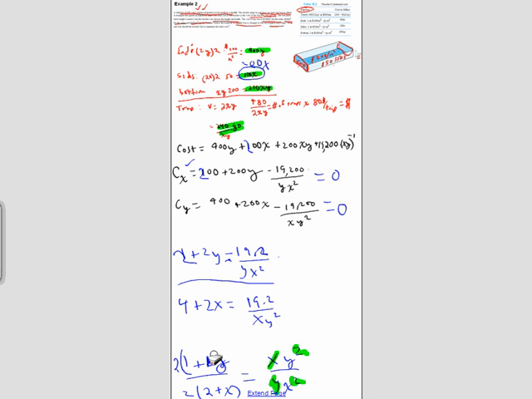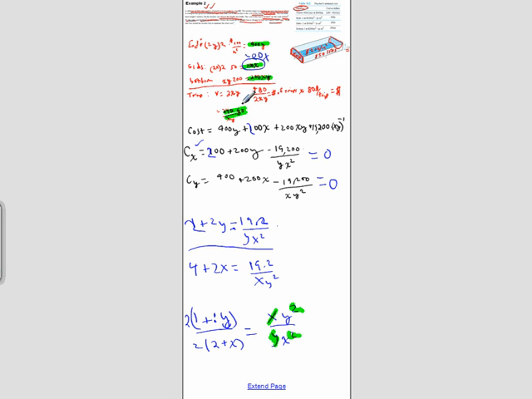Good. Okay, so now the 2's cancel out. And if we cross multiply, we're going to get 1 plus y x equals 2 plus xy.